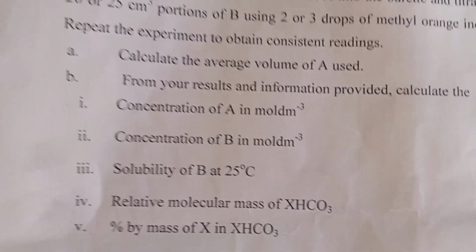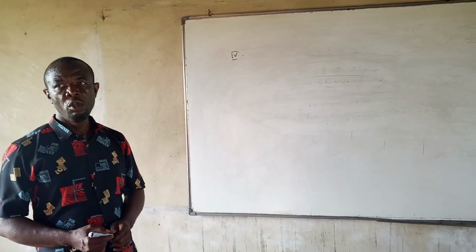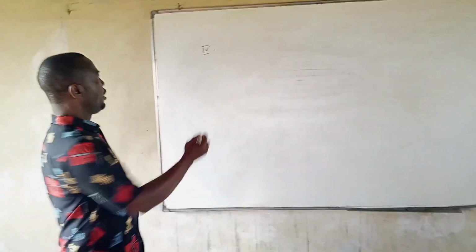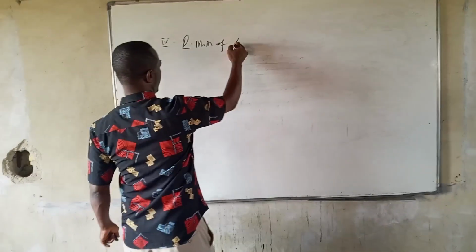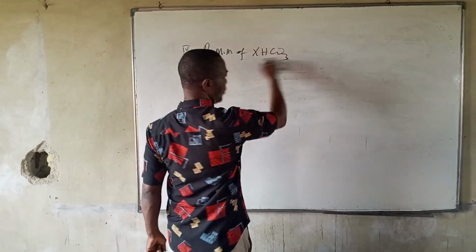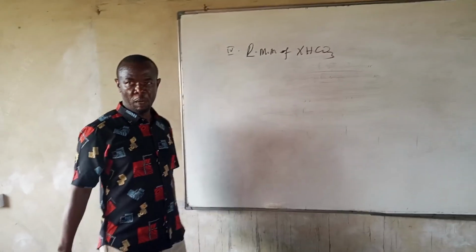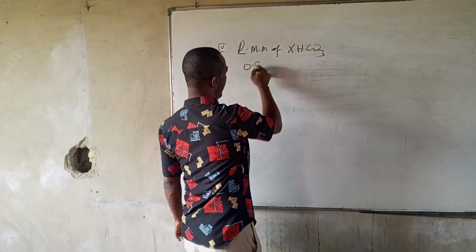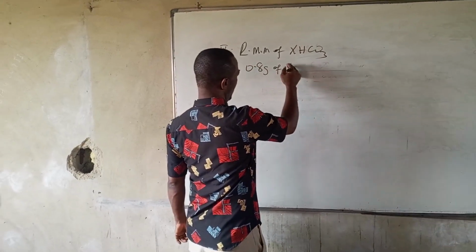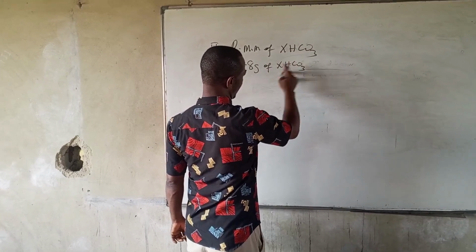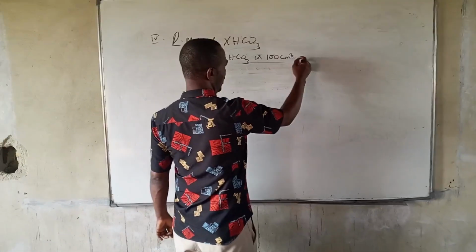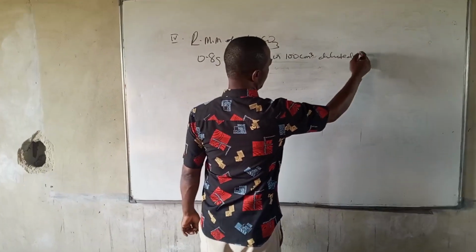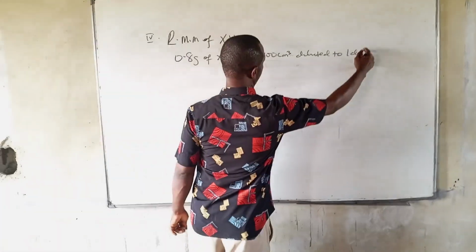In this question, we're looking for the relative molecular mass of SHCO3. We are told that we have 0.8 grams of SHCO3 in 100 cm cube of water diluted to 1 dm cube.